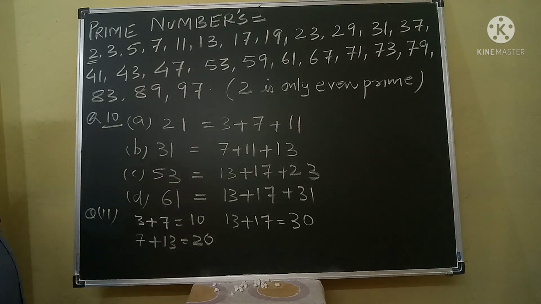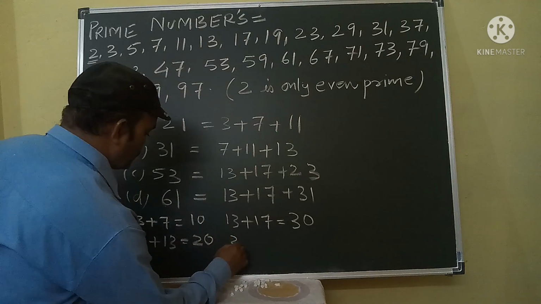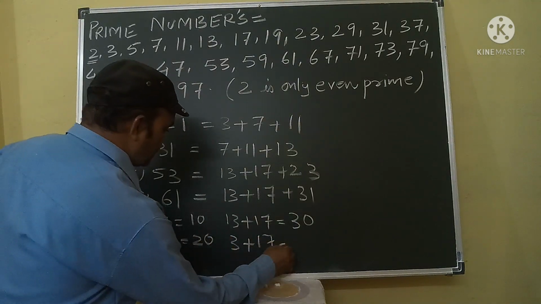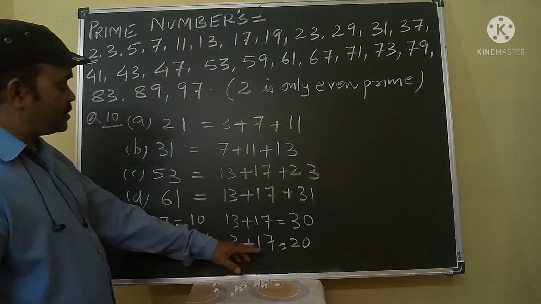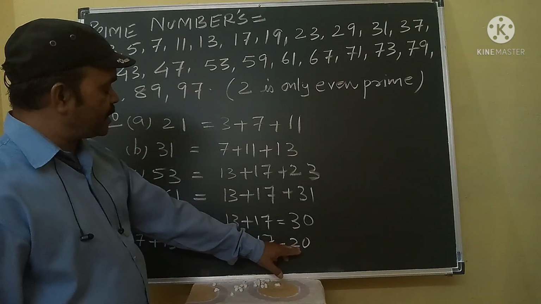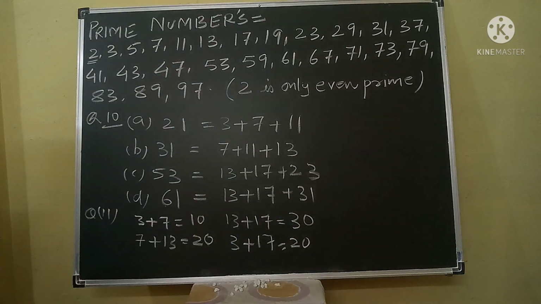Okay. Then after that, 3 and 17. 3 plus 17 is equal to 20. 20 is divisible by 5. Okay.